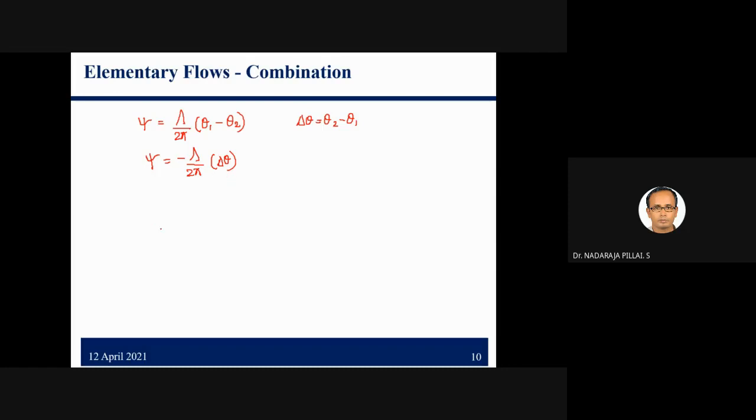So the idea here is that in the limiting case of L tends to 0, we will have L multiplied by lambda equal to constant. Then this flow is called doublet flow. This constant is denoted by kappa, that is equal to L lambda, and this particular flow pattern is defined as doublet flow.